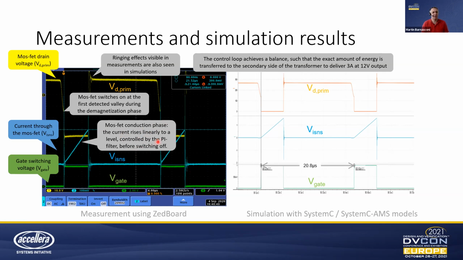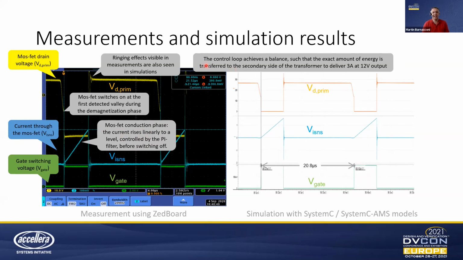And this whole system achieves a balance so that the exact amount of energy transferred to the secondary side delivers a specified value. So in our case, 3 ampere at 12 volt output.